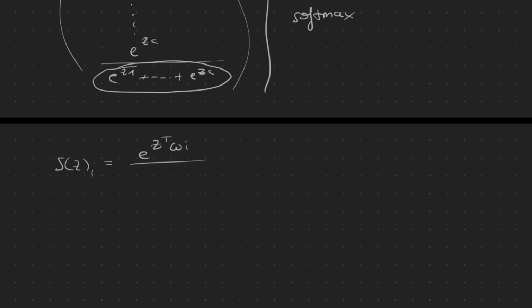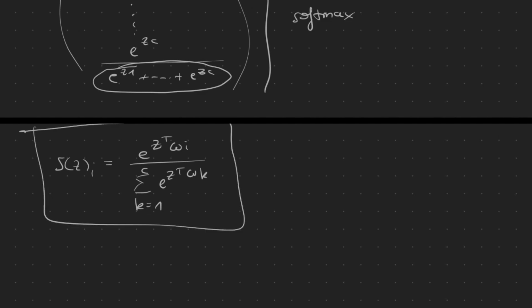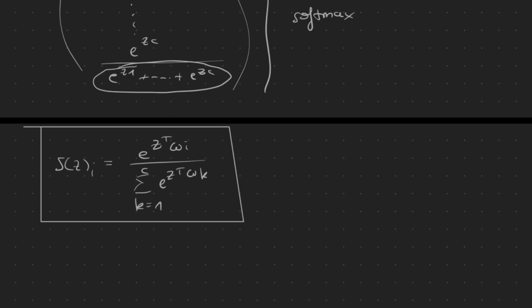We will talk about wi in a second. And the normalization factor would be a sum from k equal to 1 to c of e to the power of z transposed wk, where c is again the number of classes. So this is the softmax.